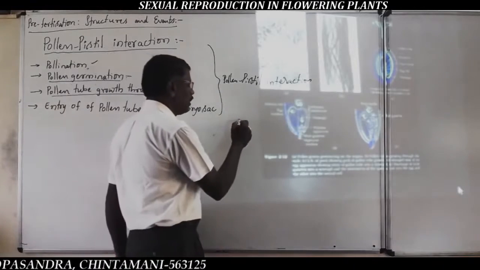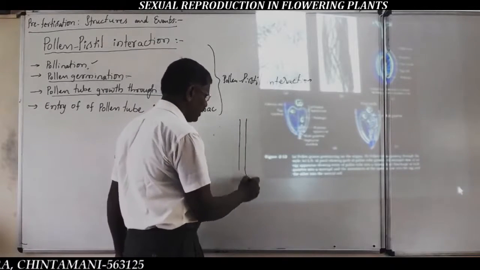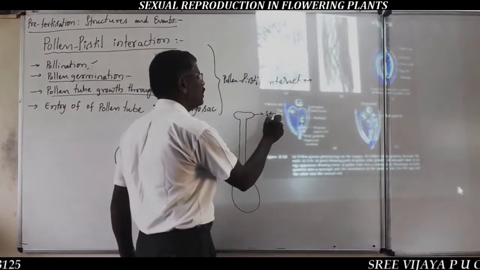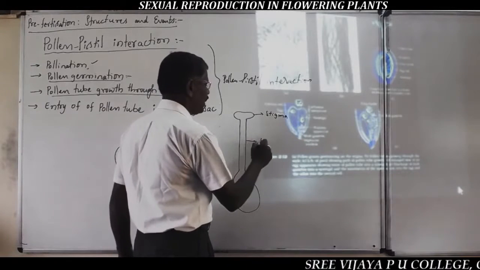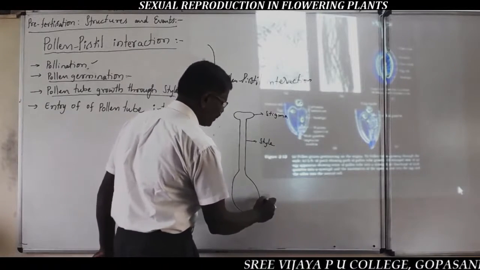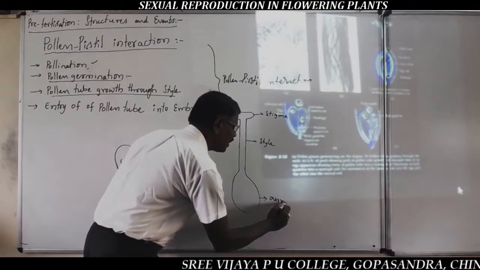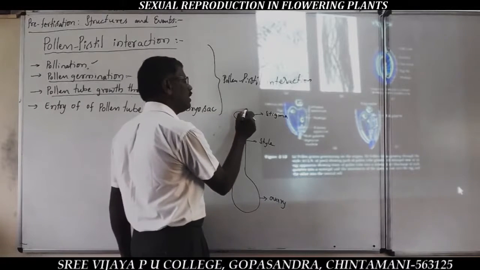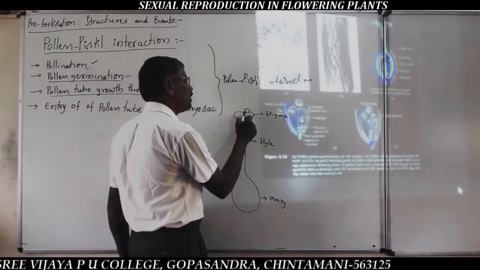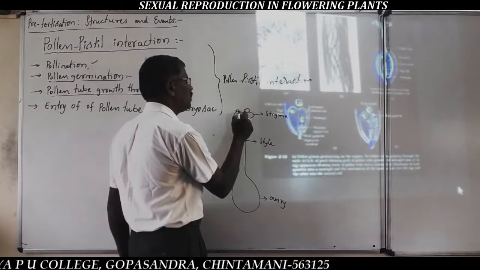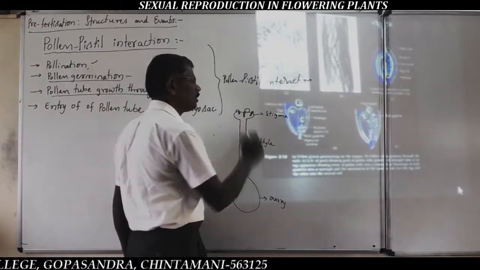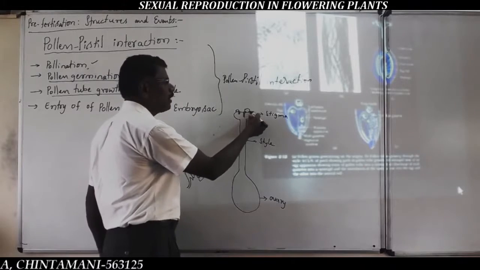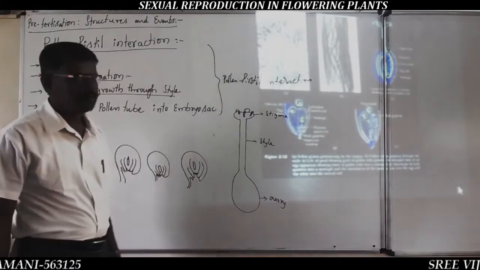Here we already know that the pistil consists of three important parts: the stigma, a long style, and a basal bulged portion called the ovary. When the pollen grain germinates, the pollen tube emerges from the pollen grain.